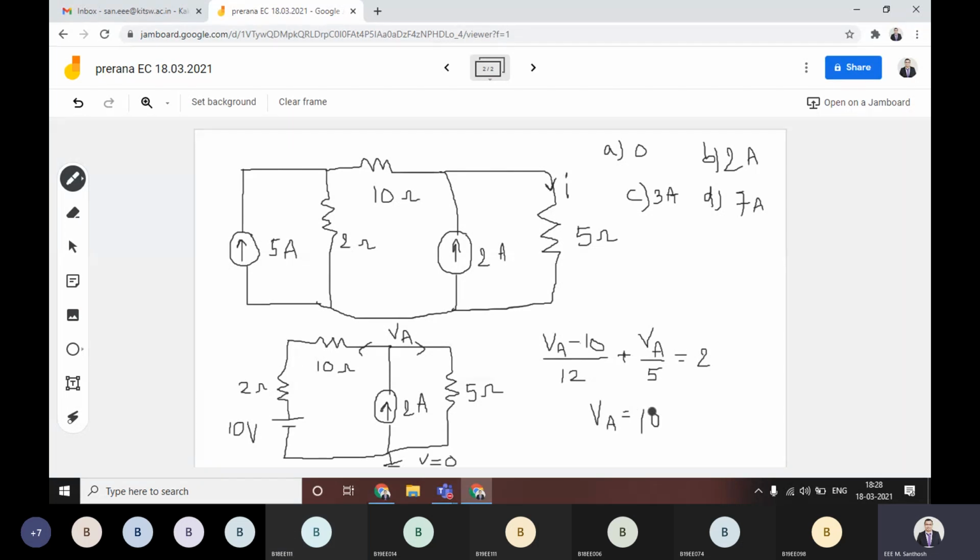You will get 10 volts. Then the current value through 5 ohms: I5 is equal to 10 volts by 5. That is actually 2 amperes.